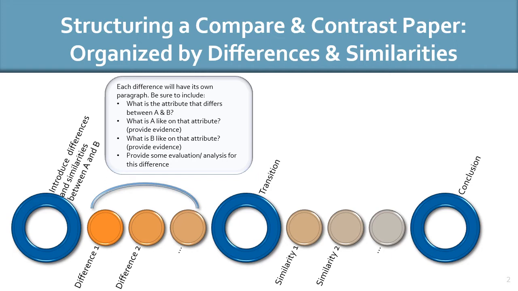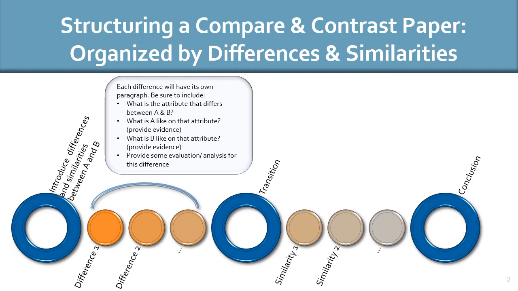When you state that you're examining them, one way they differ is color, then you'll say apples are red and oranges are orange. But you'll also conclude with an analysis or evaluation for this difference. So you might say that oranges are brighter and easier to see because they're orange rather than apples.